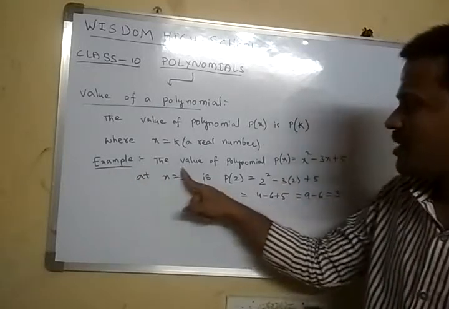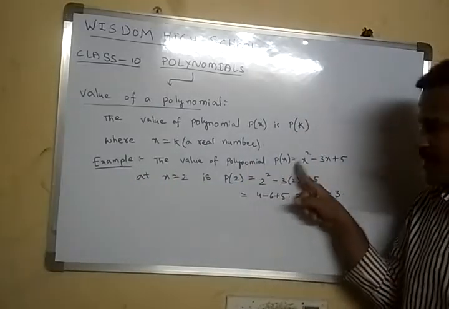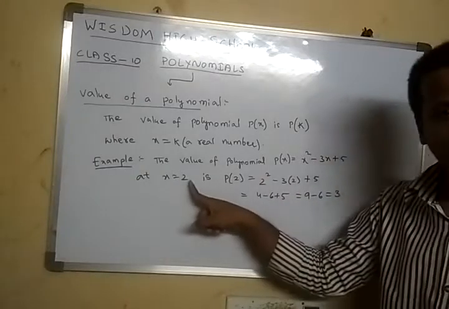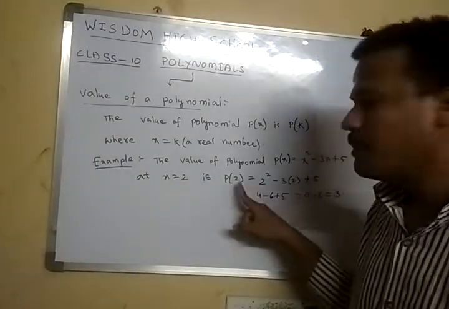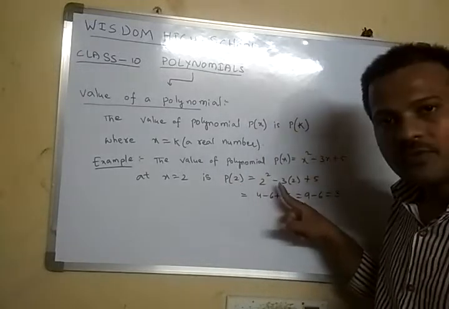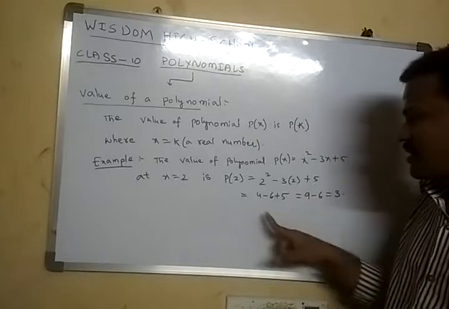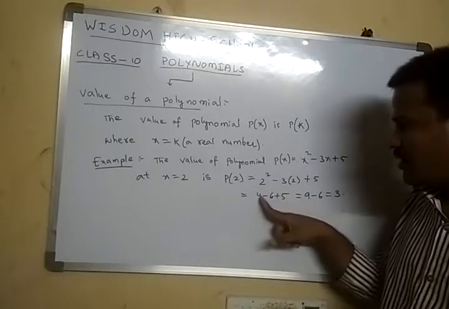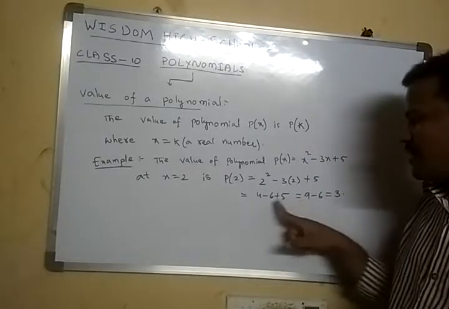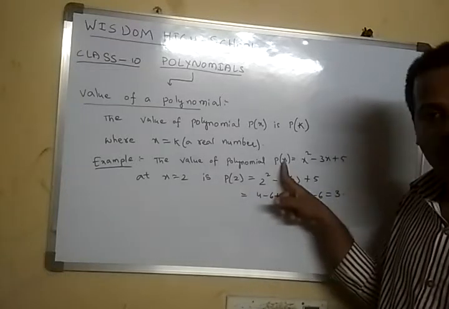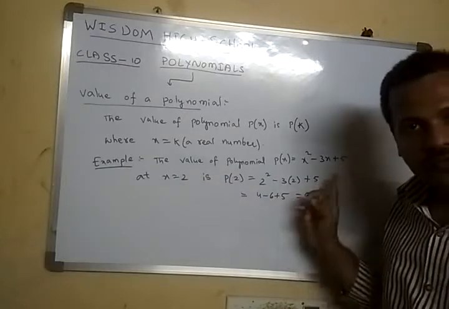For example, the value of polynomial p of x equal to x square minus 3x plus 5 at x equal to 2 is p of 2 equal to 2 square minus 3 into 2 plus 5. So 2 square is 4, 4 plus 5 is 9, 9 minus 6 is 3. So this is the value of polynomial p of x at x equal to 2.